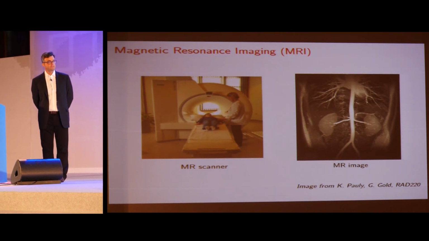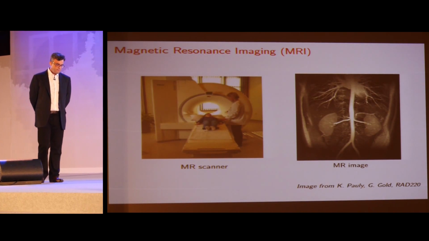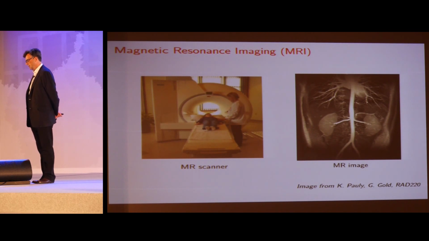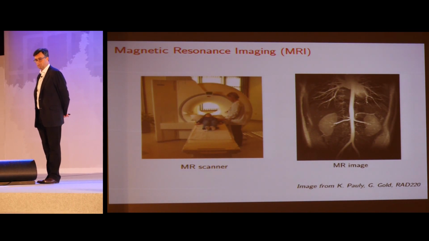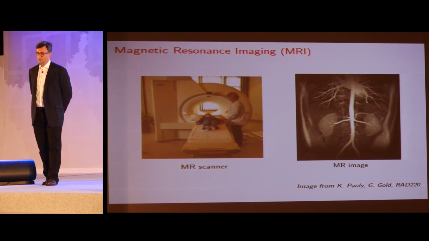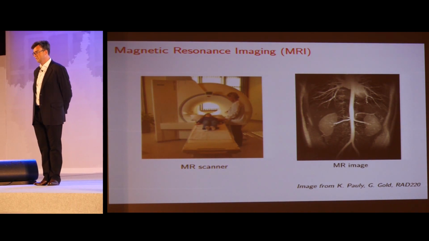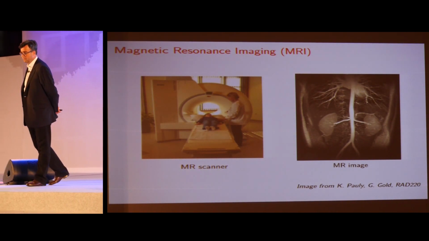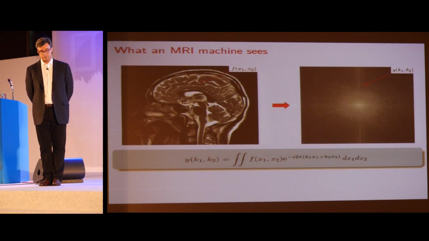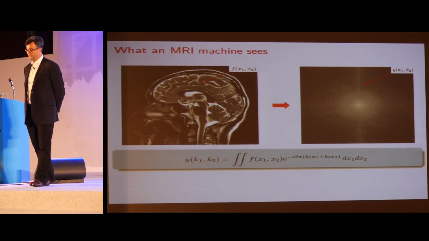Okay, pictures of organs. Now, the physics of magnetic resonance imaging is a bit complicated, and for example, it rests on quantum properties of matter, the fact that protons have a spin. And so I'm not going to describe this elaborate physics. Rather, I'm going to just tell you the mathematical relationship that there is between the object of interest and the data as acquired by a scan.